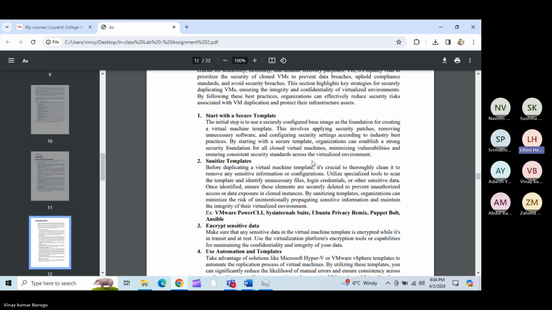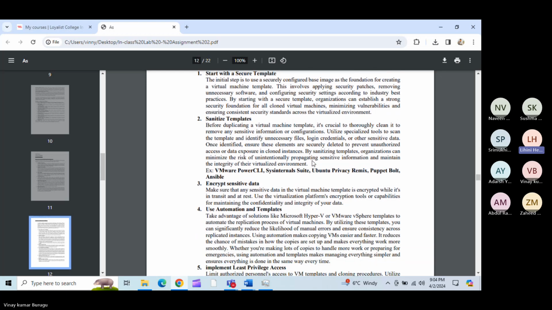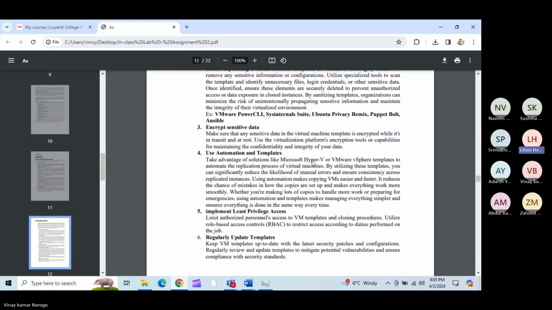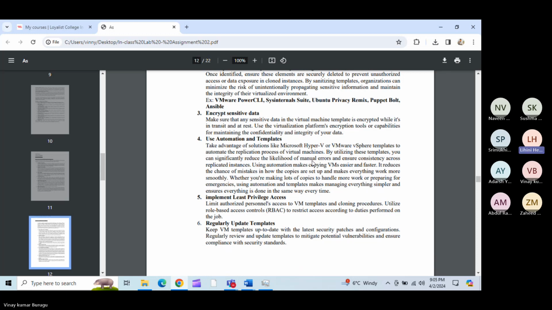The third one is to encrypt sensitive data, to ensure that any sensitive data in the VM template is encrypted during transit and at rest. We can utilize the encryption tools provided by the virtualization platform to maintain the confidentiality and integrity of the data.